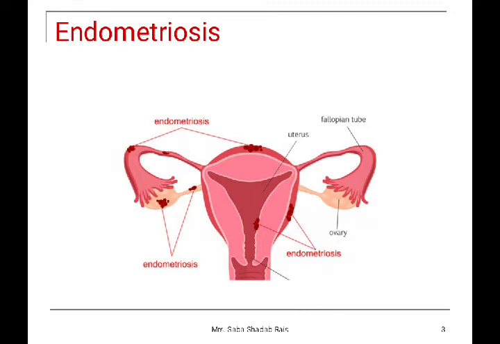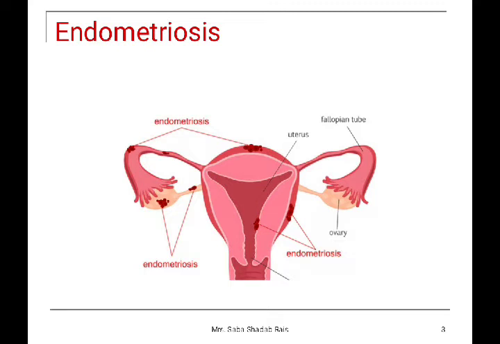So what exactly is happening in the case of endometriosis? The endometrial cells, which are responsible for the thickening of the endometrium, grow outside, or proliferate outside the uterus. They should proliferate inside the uterus, but children, in this particular case they proliferate outside the uterus.